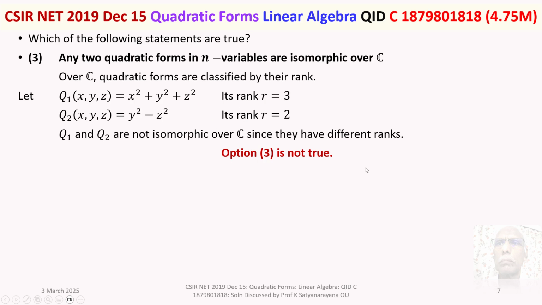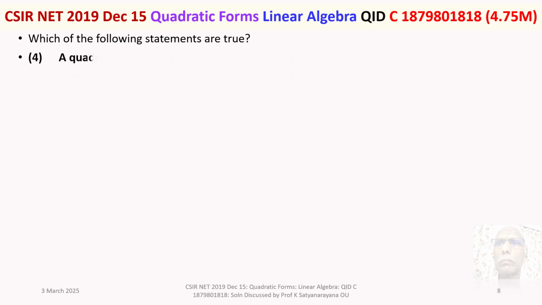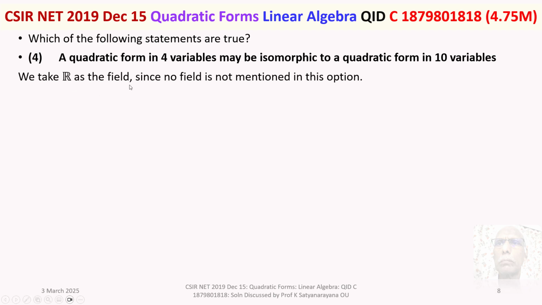We move on to the last option. Option 4. A quadratic form in 4 variables may be isomorphic to a quadratic form in 10 variables. Yes, this may be possible. Now, we take R as the field, because no field is mentioned in the option. Therefore, we take the real field.